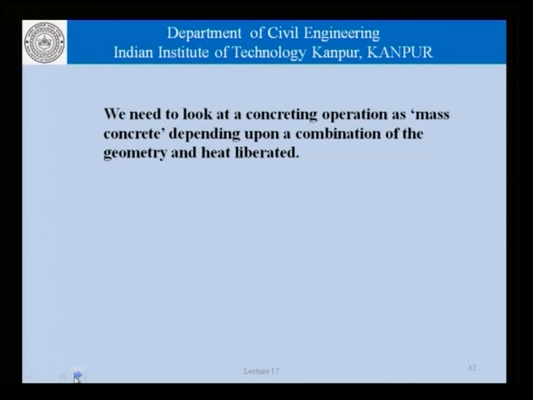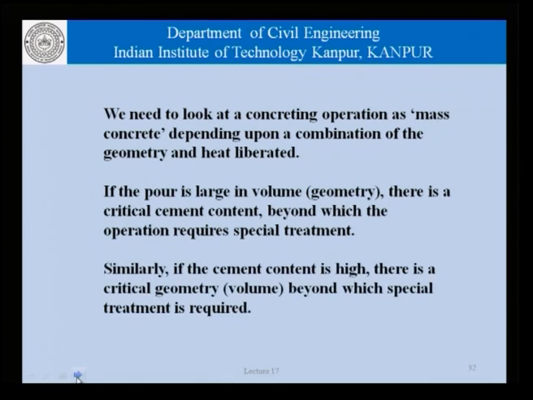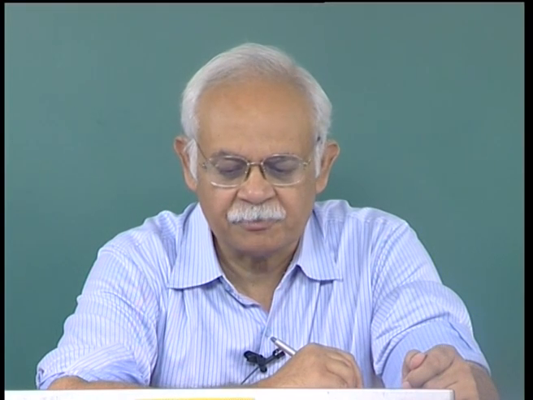Summarizing, what I would like to say is that we need to look at a concreting operation as mass concrete depending upon a combination of the geometry and the heat liberated. If the pour is large in volume, that is the geometry, there is a critical cement content beyond which the operation requires special treatment. Similarly, if the cement content is high, there is a critical geometry or volume beyond which special treatment is required. You can obviously recognize this part as relevant for dam construction, where we have large volumes of concrete being poured.